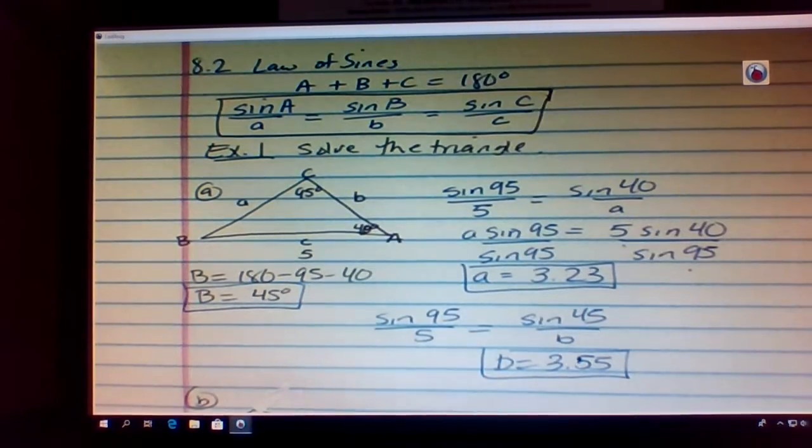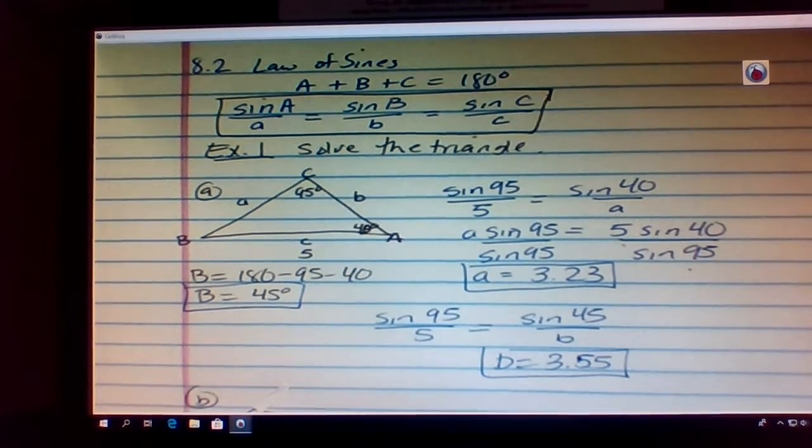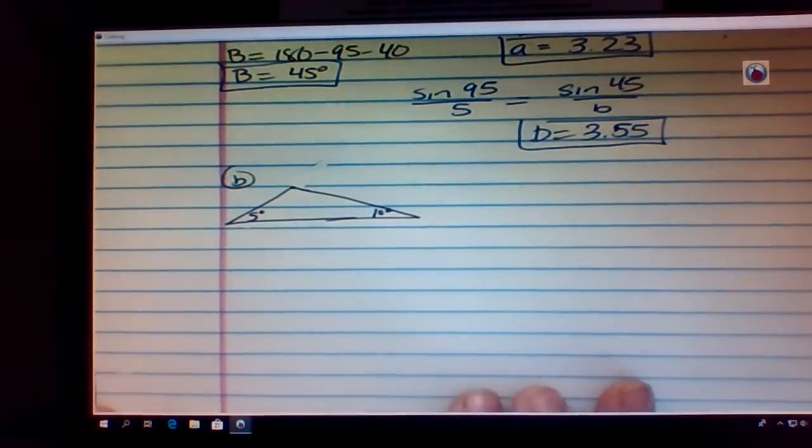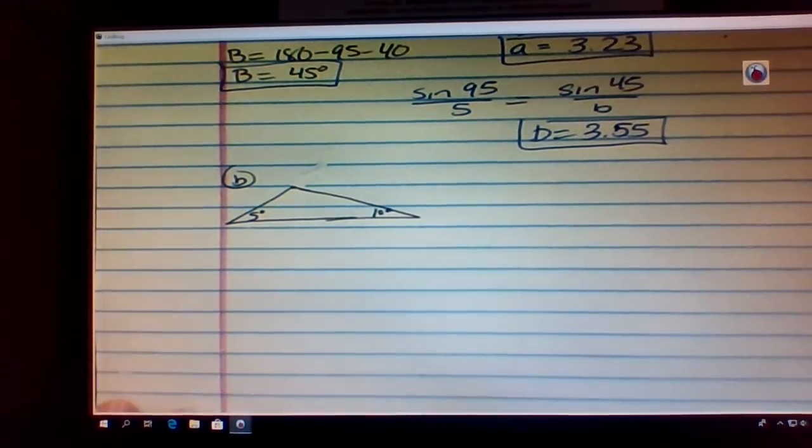This is 5 degrees. This is 10 degrees, and this is 5.